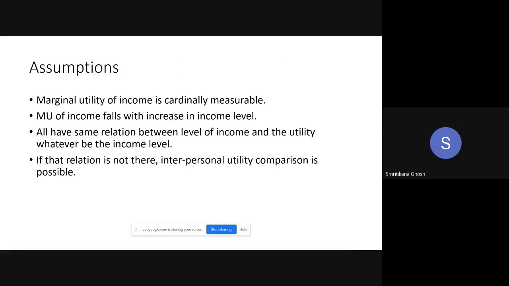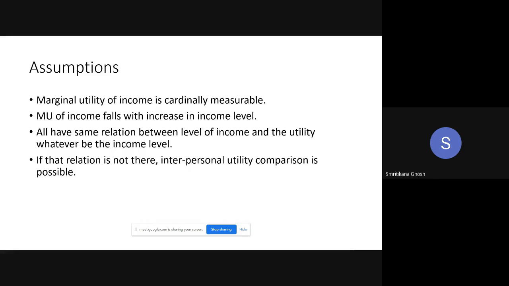Now, the assumptions of ability to pay, or the equal sacrifice. The first: the marginal utility of income is cardinally measurable. So I'm going back to that cardinal approach. The second: marginal utility of income falls with an increase in income level. That means there is the normal law of diminishing marginal utility for income also. The third: all have the same relation between the level of income and the utility, whatever the income level. So the total utility curve is the same for all.